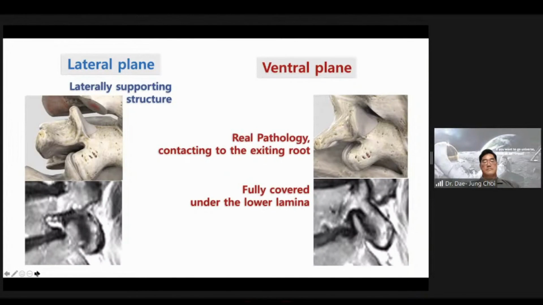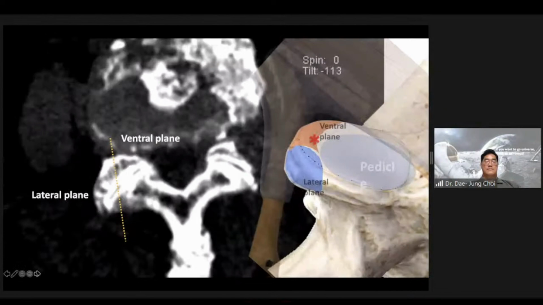SAP has two planes, a lateral plane and a ventral plane. The lateral plane, which supports the facet laterally, can mostly compress or irritate the exiting root. The ventral plane, which is located inside the foramen, is the main pathology compressing an exiting root. So the ventral plane of the SAP should be resected to decompress foraminal stenosis, but your first few cases of transforaminal approach could show a remnant ventral plane.